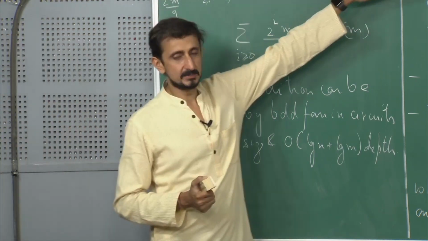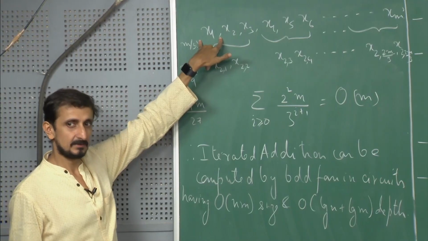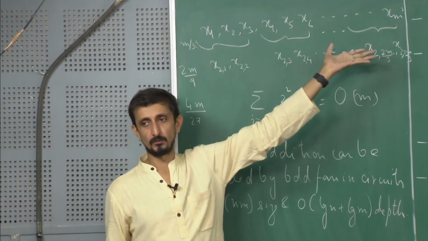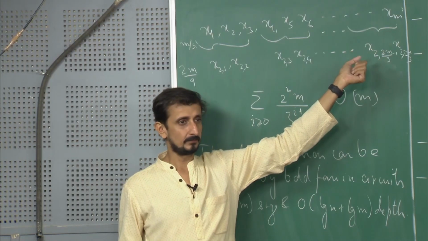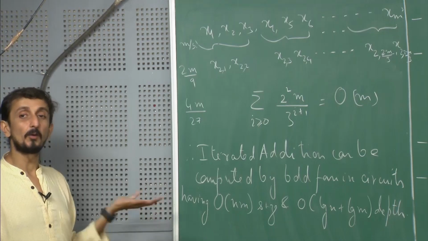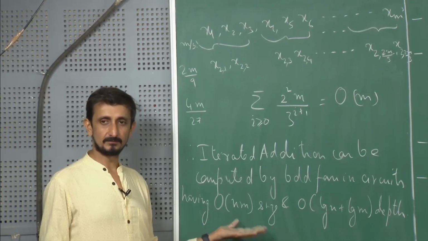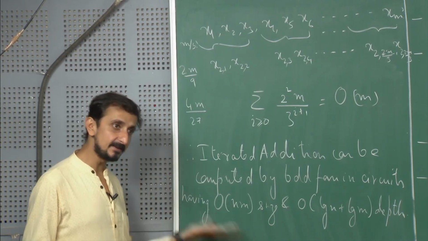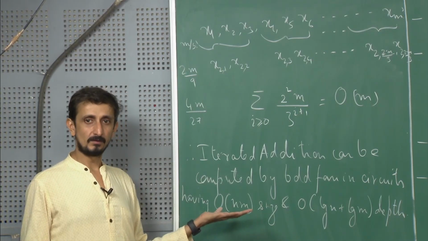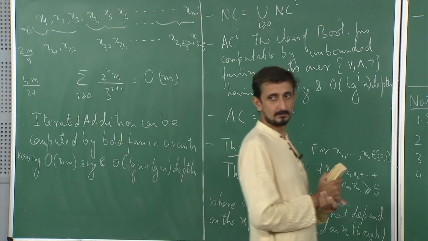We have m numbers. What is each number? How many bits does it have? Each number has n bits, right? So, what is the size of the input? It is nm, right. So, actually what we are getting is the optimal, okay. We are getting an order nm size circuit. So, it is actually linear in the size of the input, right, and it has logarithmic depth. Okay.